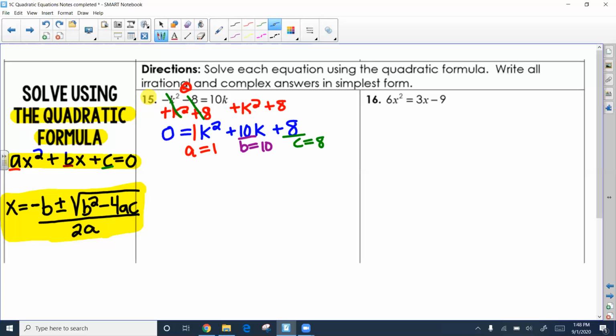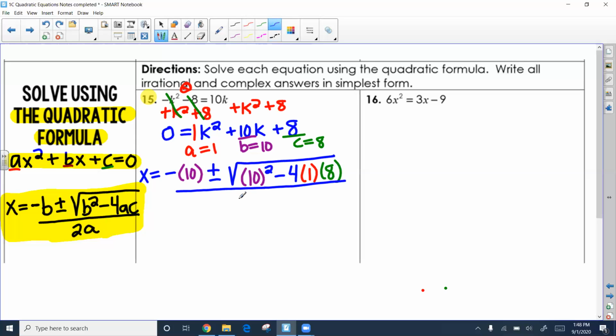All right, so let's look at what that looks like when we plug it in. X equals, so I'm just plugging it into this formula, negative b, so that'd be negative 10, plus or minus the square root of 10 squared minus 4ac. So that'd be minus 4 times 1 times 8, all over 2a.